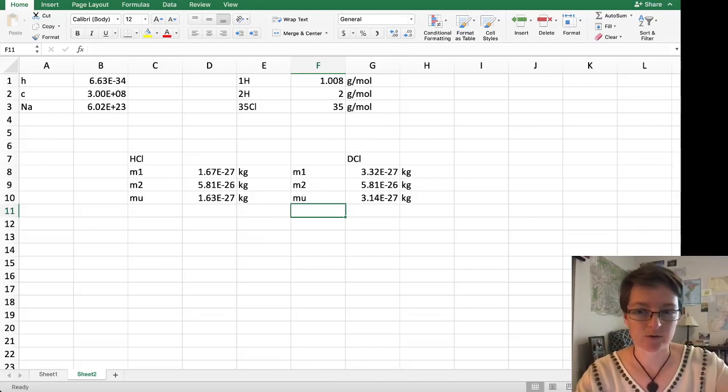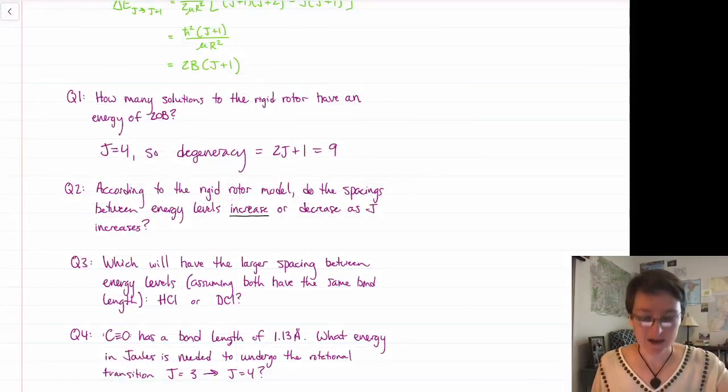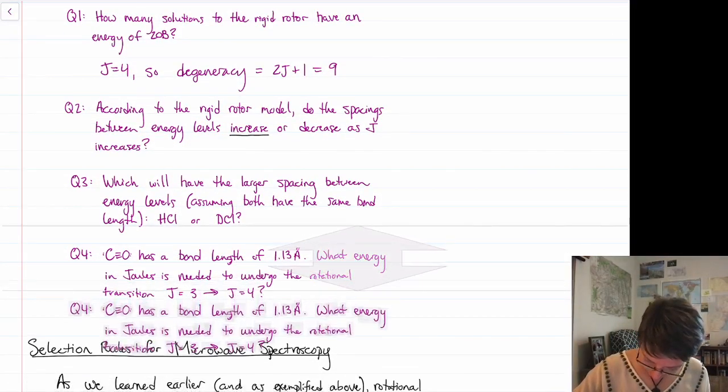So now that we know that as a molecule has a more even mass, mu, the reduced mass, gets a little bit bigger, now we can confidently say that for HCl, mu is smaller.